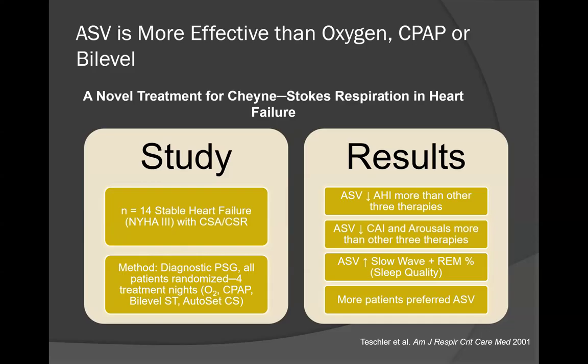But anyway, the other pressure delivery is like an ocean wave pattern. The ASV with ResMed delivers an easy breathe waveform, so it looks more like a shark's fin, okay? So it's a bit more physiologic, but is it better?